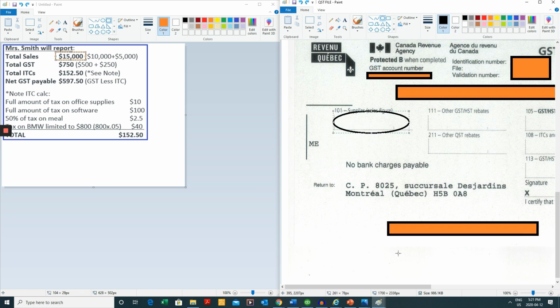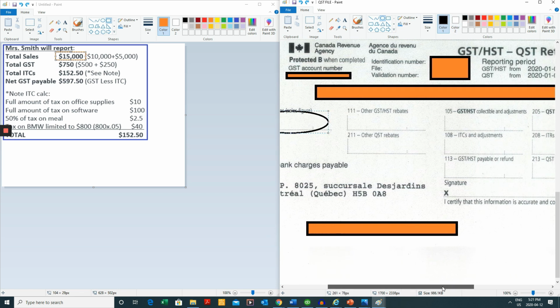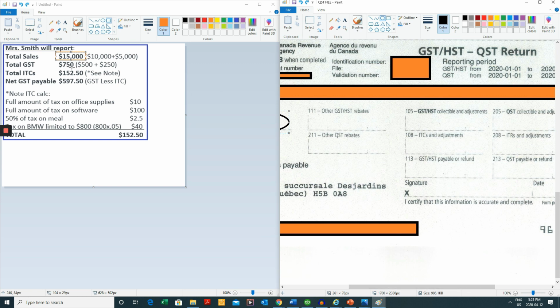Essentially you'd have to put that information in here. Then total GST, that's basically the GST that you collected from your customers, or basically the amount of GST that you charge to your customers. So the $750 would go in this box.